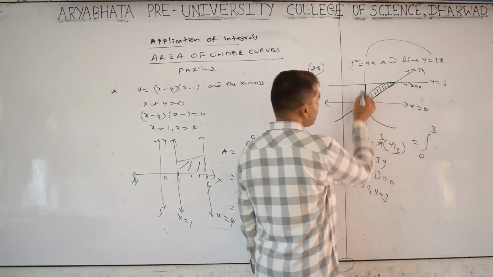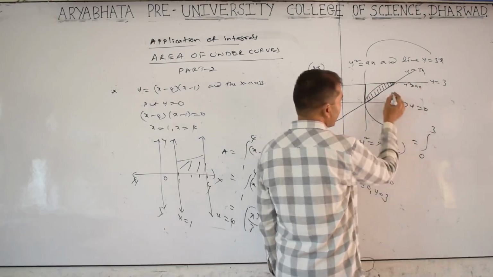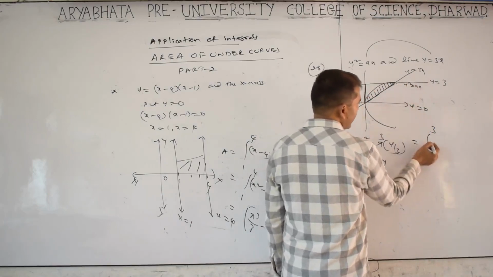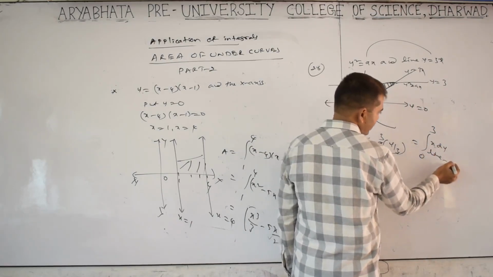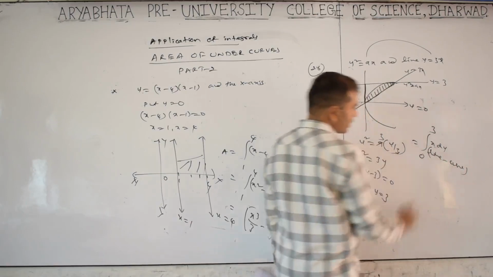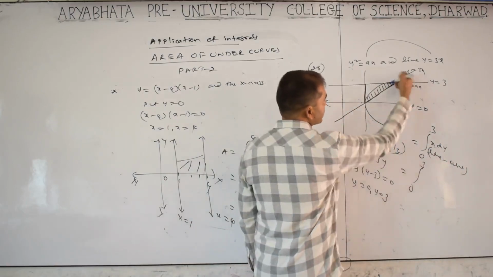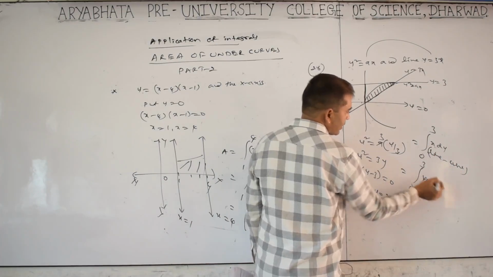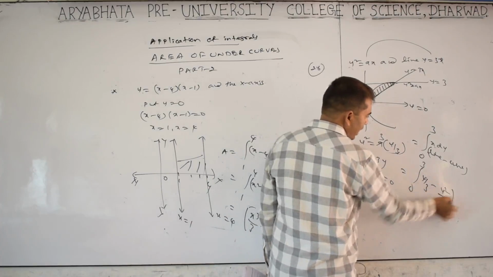This occupies the big area. In terms of x, we use x dy: first line minus curve. So integration from 0 to 3 of line x is equal to y by 3 minus curve x is equal to y square by 9 dy.